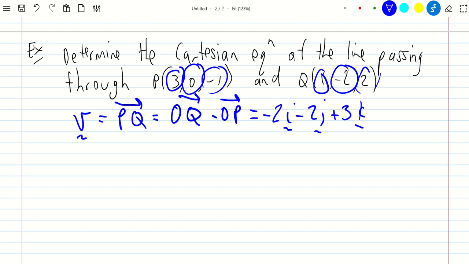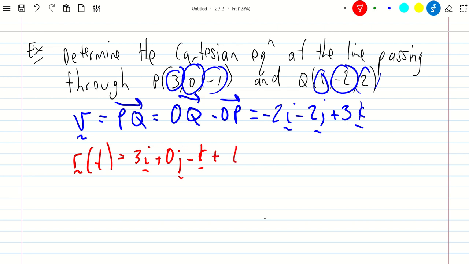And then we could use anything as our starting point, so I'll just use one of the points. Our vector equation is equal to, what we do is we choose a point. I'm just going to choose point P, and that's going to be 3i plus 0j minus k. That's the position vector of point P. And what we're going to do is add t times our direction vector, negative 2i minus 2j plus 3k.